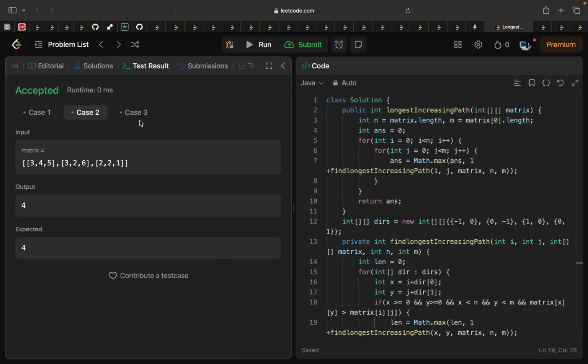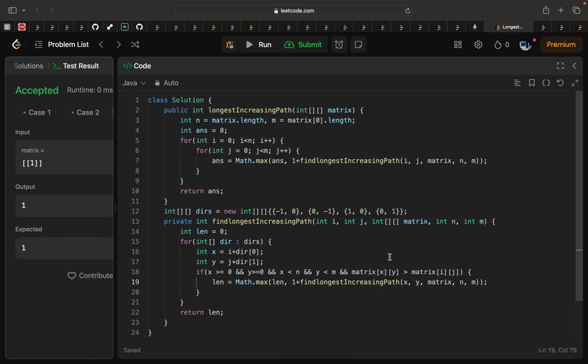Okay, we are getting the correct length, but let's say we are starting from every cell, and for every cell we are visiting every possible path.